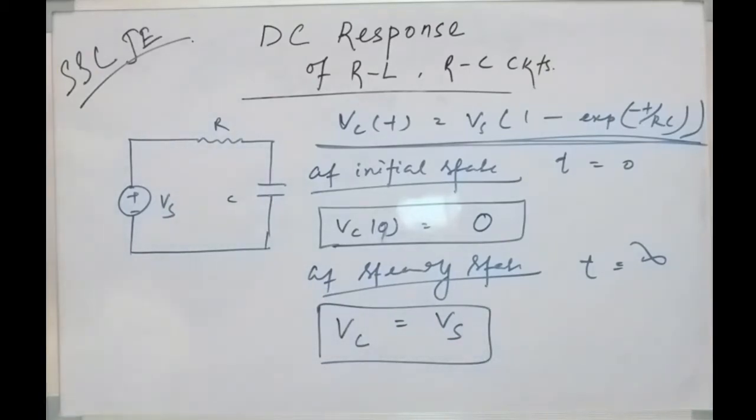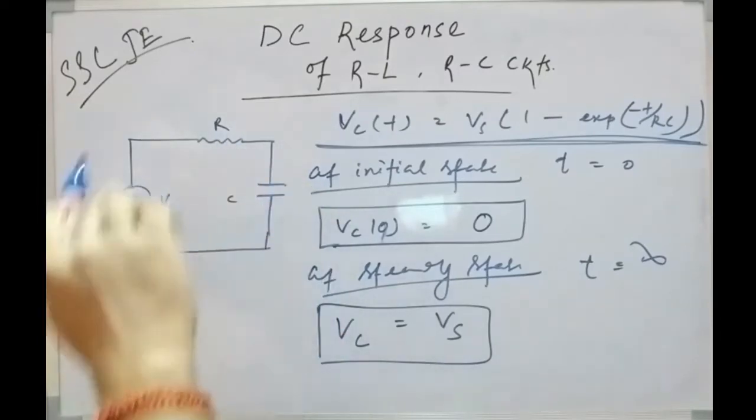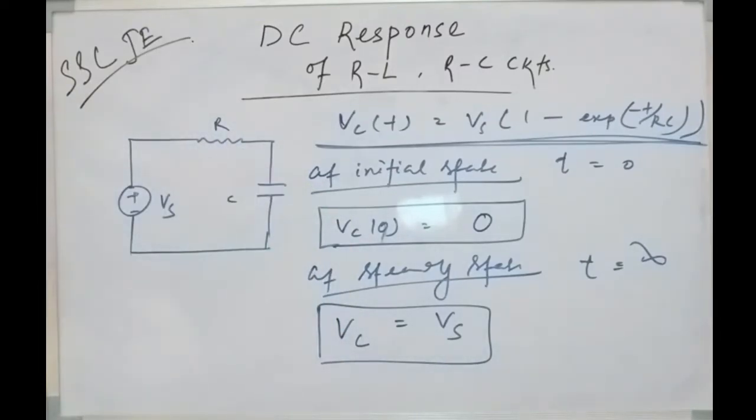See, if the capacitor is initially not charged and you are taking the initial state, then Vc naught will be 0. At steady state, t equals infinity, you get Vc as Vs. That means the highest voltage to which a capacitor can be charged is the source voltage in an RC circuit.